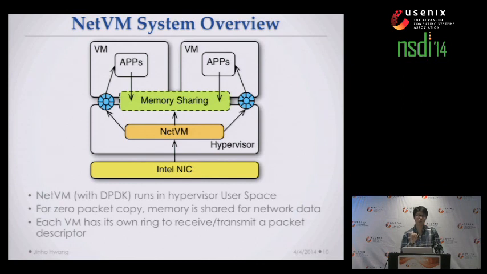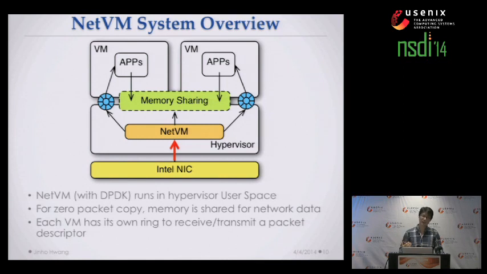We have memory shared between the virtual machines, and between the virtual machines and the hypervisor. Once the packet is DMA'd into the system, we share that packet across the hypervisor and all the virtual machines, so that we can have high performance. So let's see the flow of the packet, how it comes into the system.